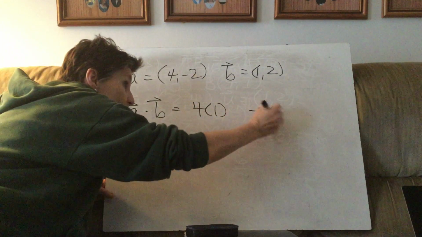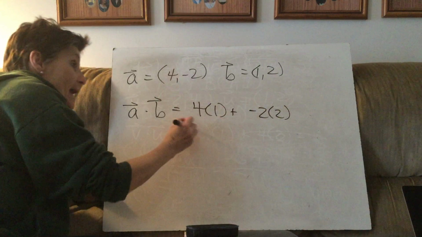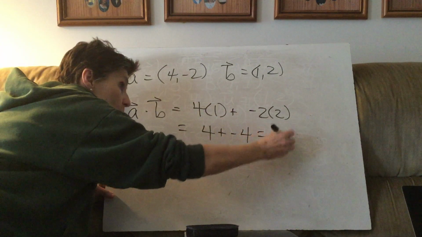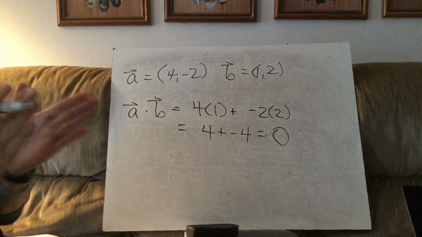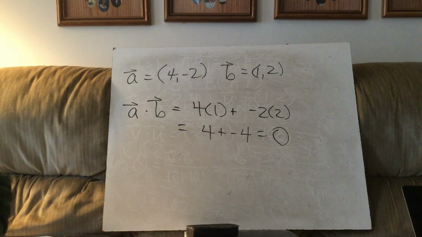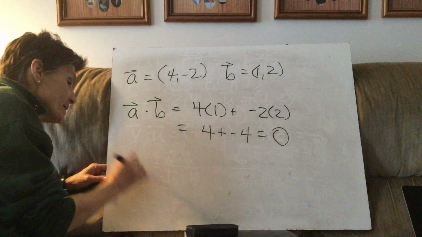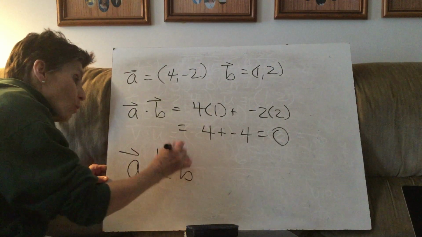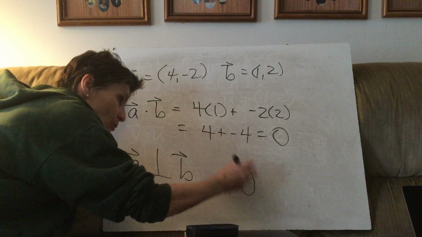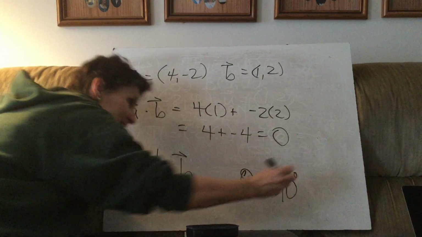We take y times y, and we add them up. So that's 4 and -4. That's 0. What do we know when the dot product is 0? We know the vectors are orthogonal, which means the angle between them is 90 degrees.